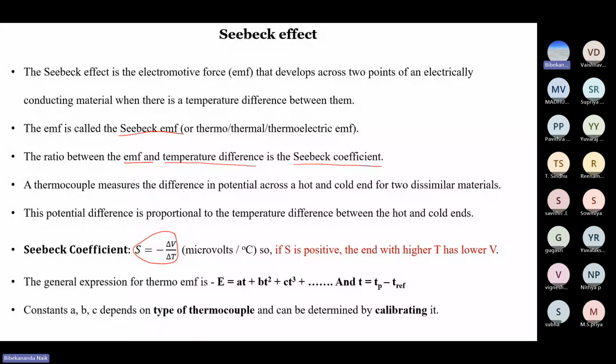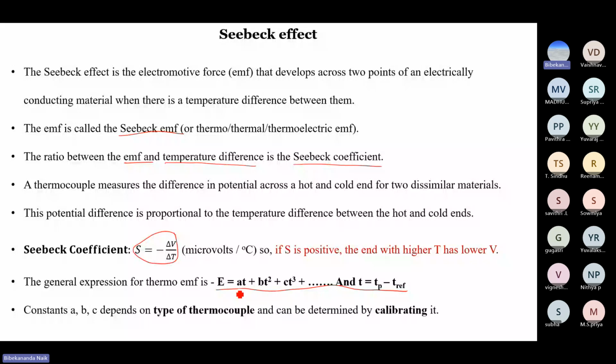And the EMF developed can be represented as a function of temperature, which is E equals AT plus BT squared plus CT cubed, and so on, where T equals T minus T reference.